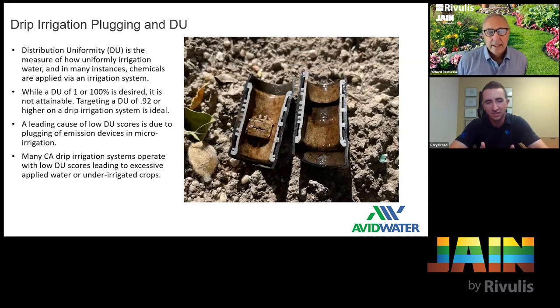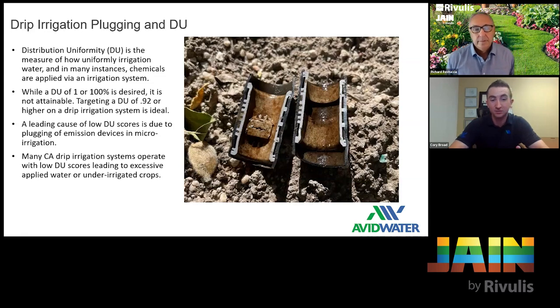I think most designers, if they put a DU on their system, there's probably a 0.92 to a 0.94 somewhere in there. Obviously, a DU of 1 is not possible. But essentially, distribution uniformity is an efficiency factor. It's a measure of how evenly water, and in most cases fertilizer, is being applied to your crop. And obviously, there's a direct impact on crop productivity.